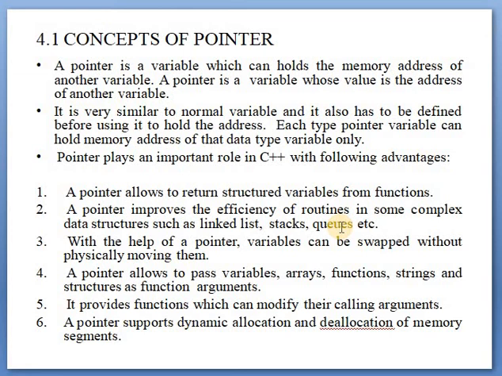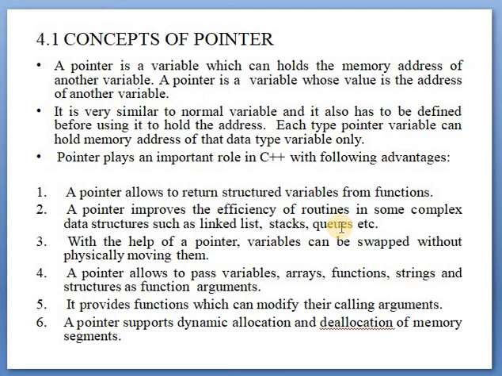So first advantage is a pointer allows to return structured variables from the functions. A pointer improves the efficiency of routines in some complex data structures such as linked list, stack, queues, etc. So in the data structure you will see the linked list and stack, queues, etc. And if you want to execute some complex type of programs, in that case the pointer is very efficient.